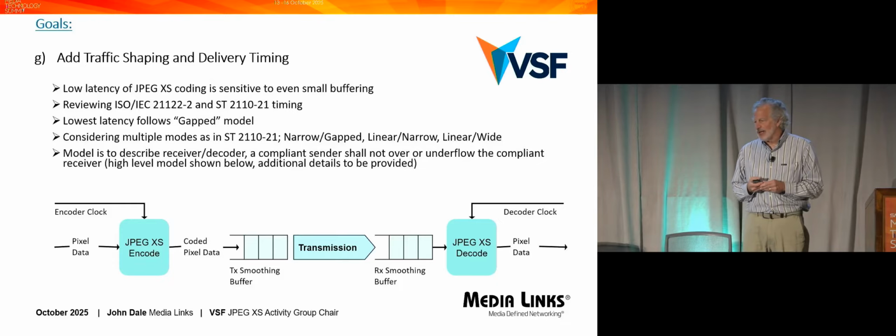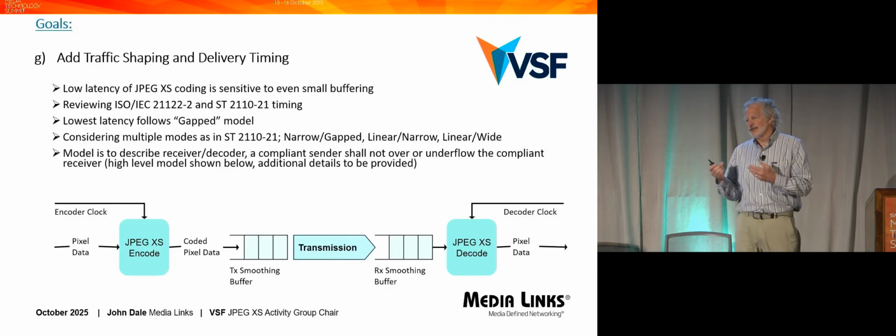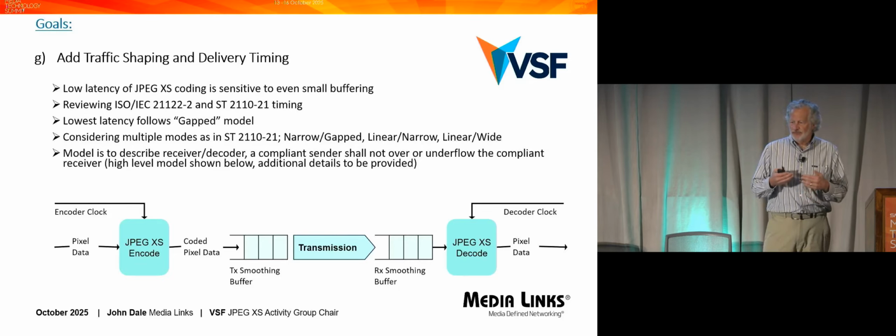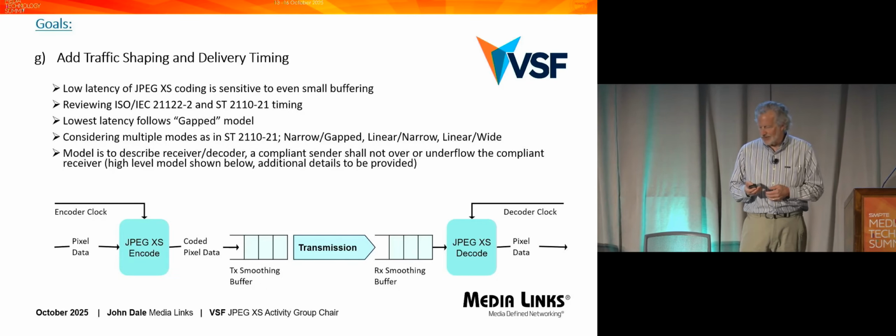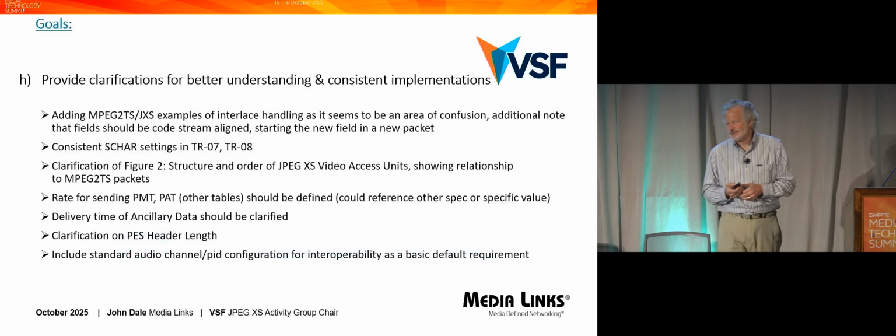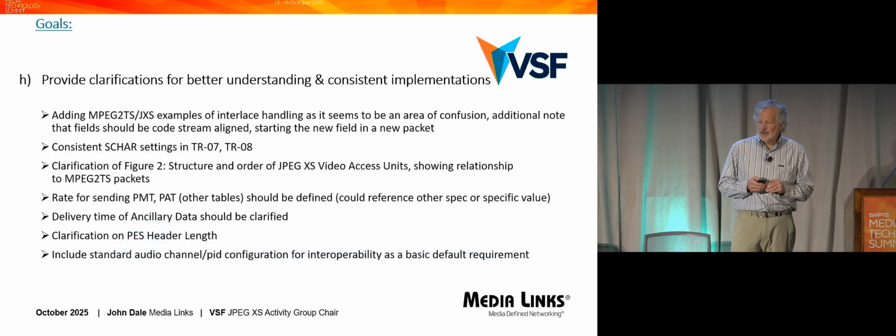We're still in the process of writing this specific section, but we hope that with this in the document, the implementations will be more interoperable, with improved interoperability. So I think that was one of the main issues we found in interop testing.